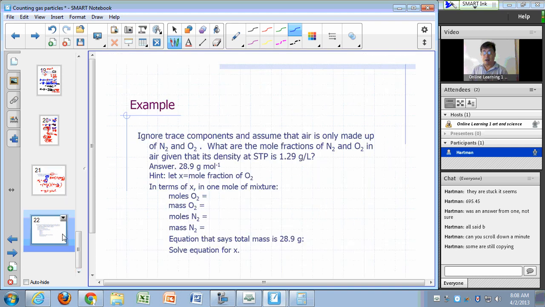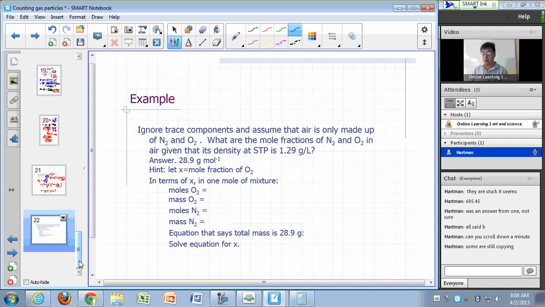All right. And here's another problem, another example. This one deals with a mixture of gases, okay? And so if you did this type of experiment for a mixture of gases, the molar mass you get would be the average mass per mole of your mixture.